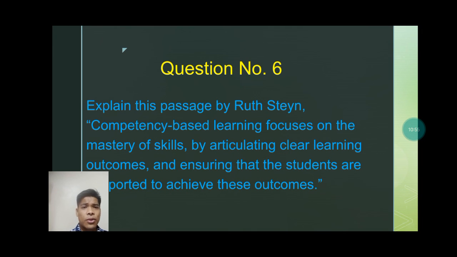So the last question about competency-based learning is to explain the passage by Rothstein, where competency-based learning focuses on the mastery of skills by articulating clear learning outcomes and ensuring that the students are supported to achieve their outcomes.